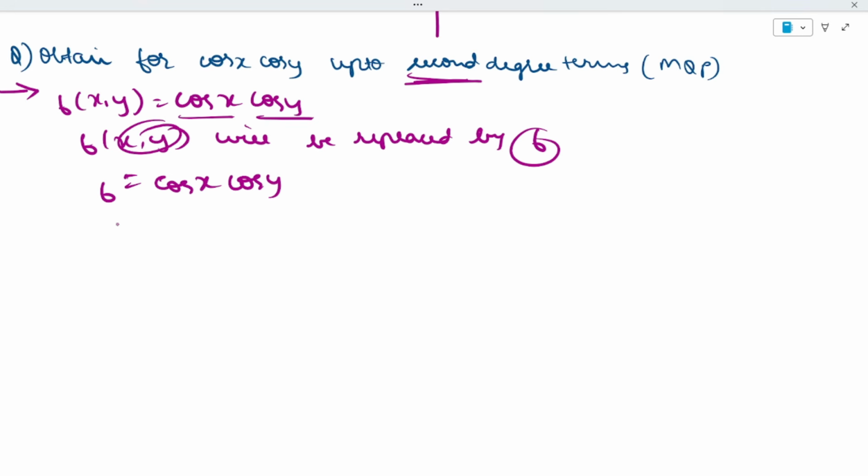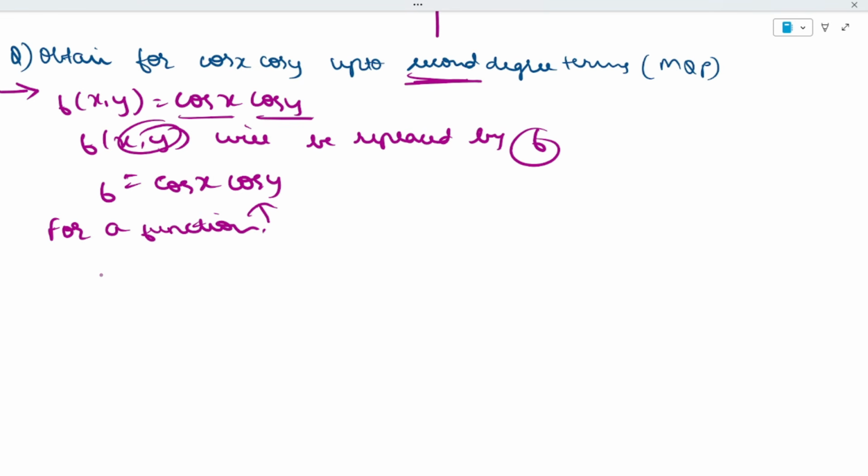Now when you have to find out the value of the next terms, you have to differentiate. For a function f of x, y given, you have to write this. Now you know the formula, right? f x of 0, 0, that means you have to substitute.